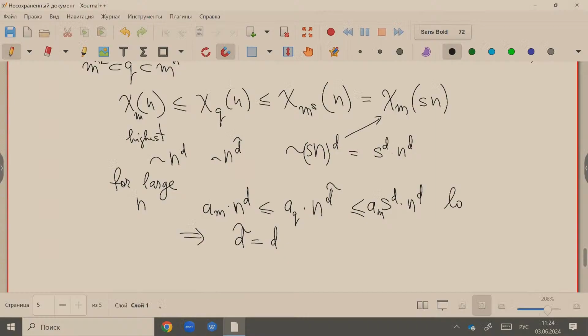And of course this implies that d tilde is equal to d, because otherwise you cannot bound it between these. So this is for large n.